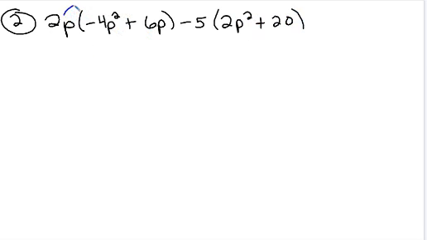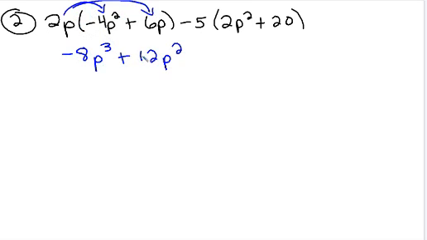So let's get started. When I distribute here, I'm going to have negative 8p to the third. Remember, this exponent here is a 1. 1 plus 2 is 3. Then I distribute here, and I have plus 12p squared.